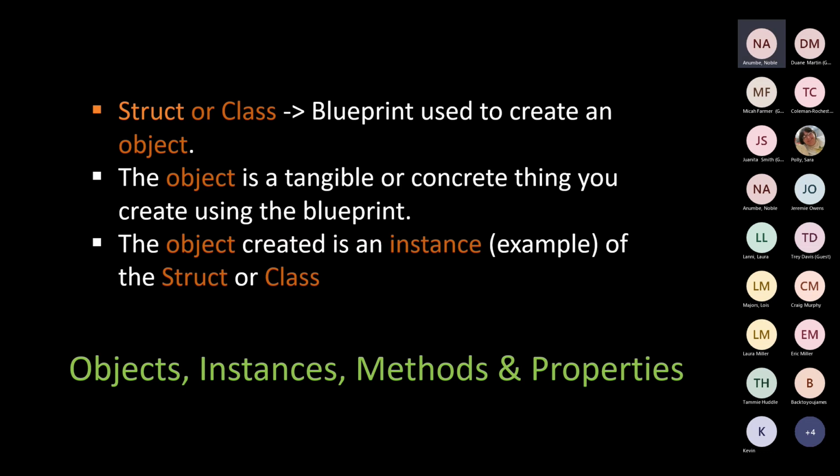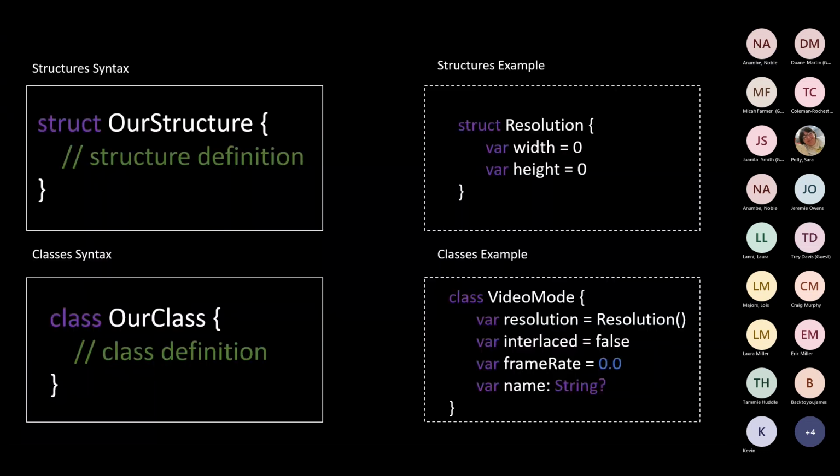If I want to digitally represent or create a model of the physical dog that I have in my house, I could gather all of its properties and attributes and store them within a class. That class becomes a thing, which is that dog, which is why when I create a class, I give it a name.